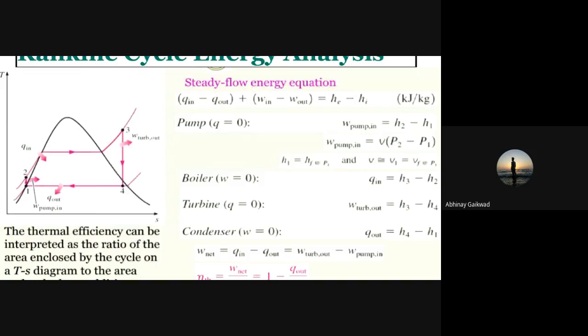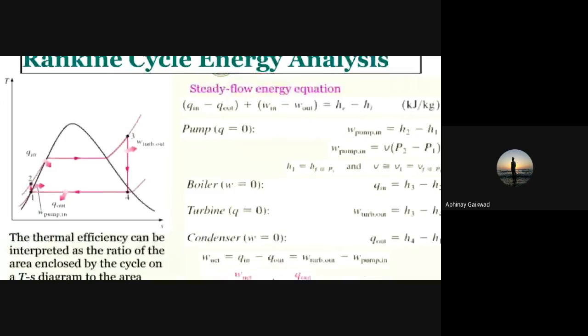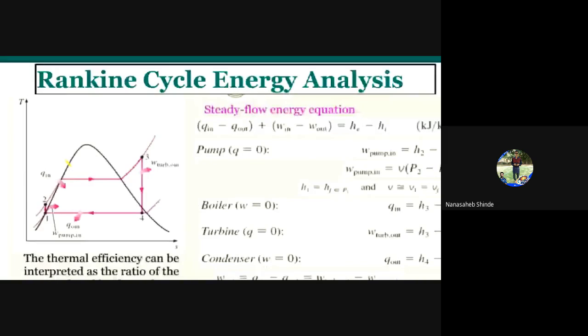Here I have shown also at the boiler we have to consider no work, because there we have taken only heat, so w at boiler is 0. But here we have considered heat addition, so using this formula I can consider h3 minus h2.